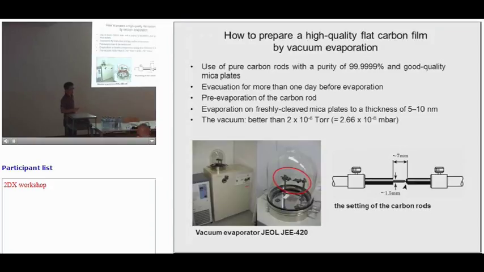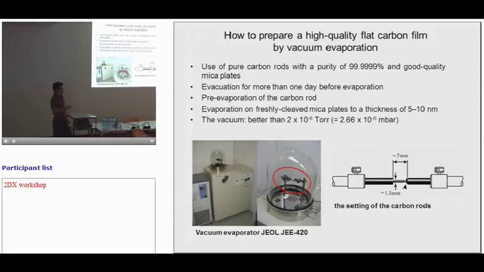This is believed to be effective to prevent the sparkling. And just after this pre-evaporation, the freshly cleaved micas are set beneath the carbon rod here in the evaporator.